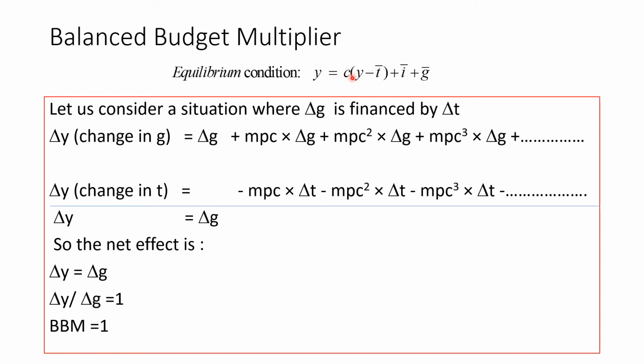Increase in tax will reduce your disposable income, that will reduce your consumption, and that will reduce your income. So let's explain what happens when you are doing both. You know this expression from our previous discussions. Firstly, consider them separately, then we'll do both.